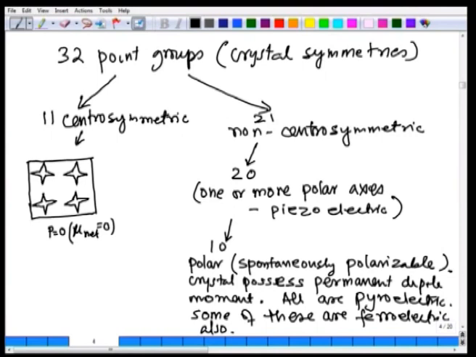If you were to apply a compressive stress on this material, let us say this material got compressed in this direction. Because you applied mechanical stress, the dipoles in this direction get stretched.